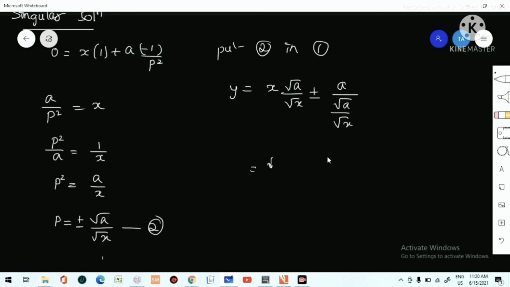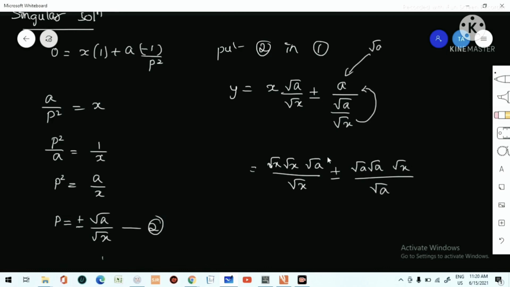Now observe this. x can be written as square root of x into square root of x, square root of a as it is in the denominator, square root of x as it is, plus or minus numerator square root of a, square root of a will become a, and this will be square root of x by square root of a. This is going in the numerator, and this part we can write as square root of a into square root of a.